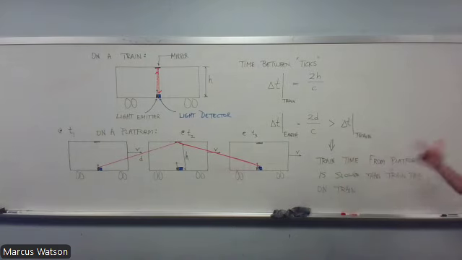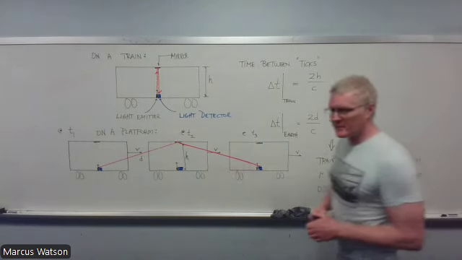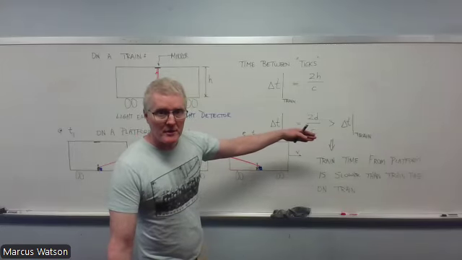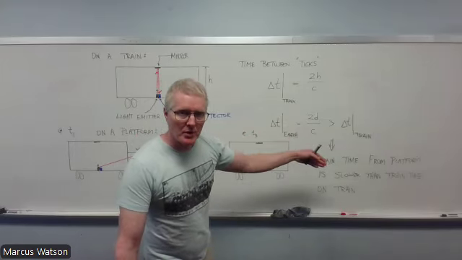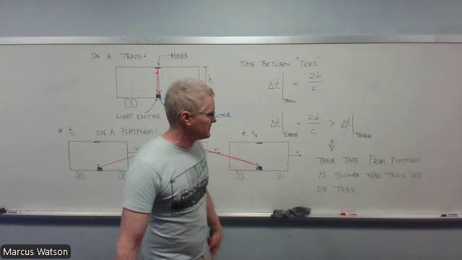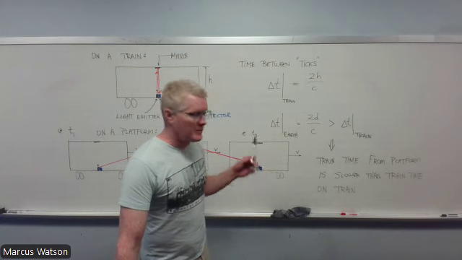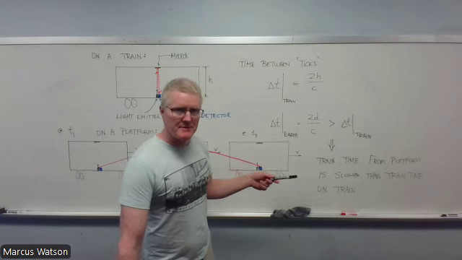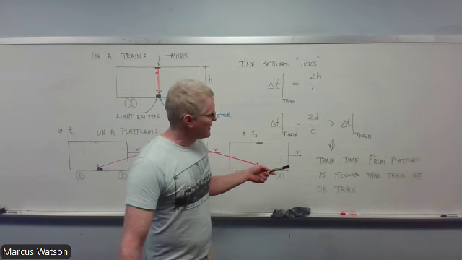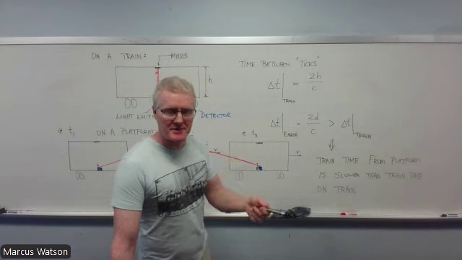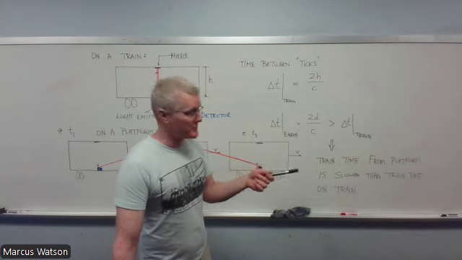Okay, so this is my conclusion here. This says that the train time from the platform is slower than the train time from the train. Does it make sense how I kind of reason to this? Light travels a longer distance. Light travels the same speed for all observers.